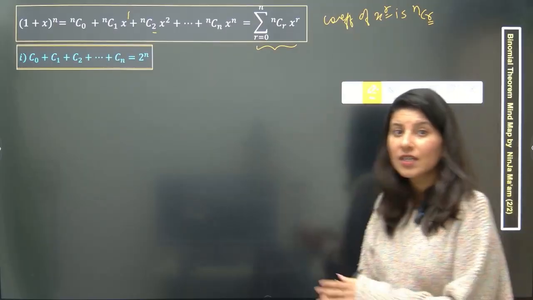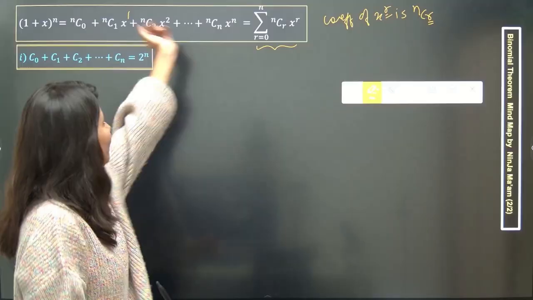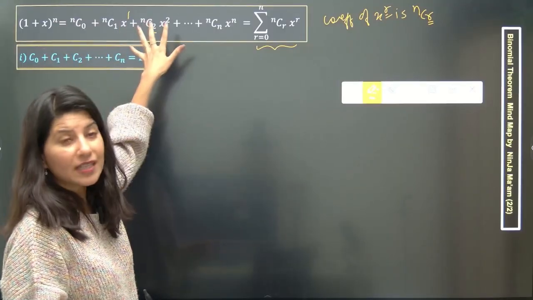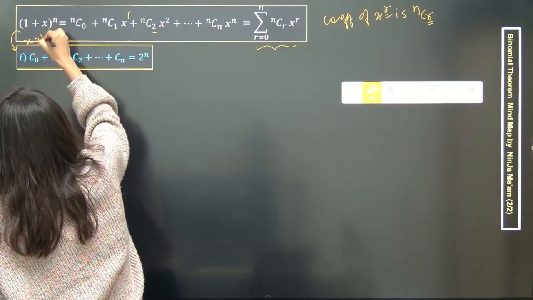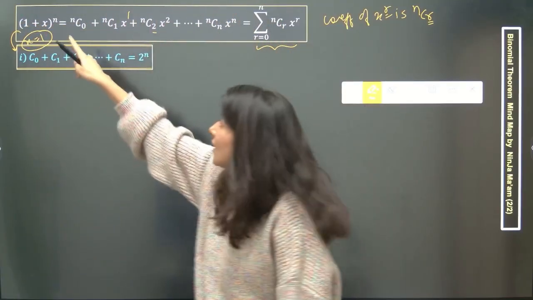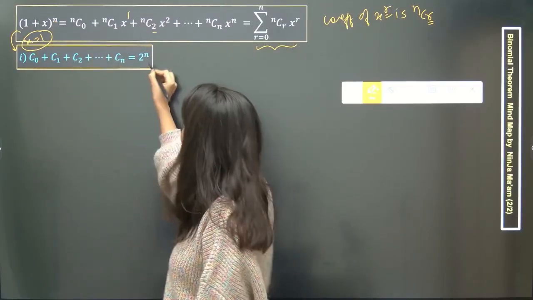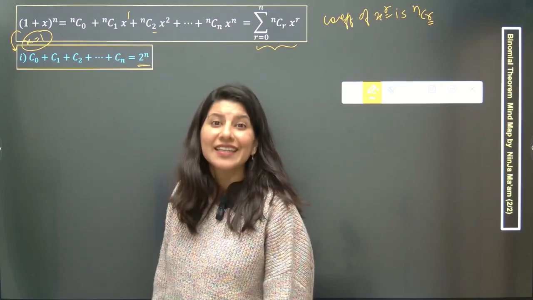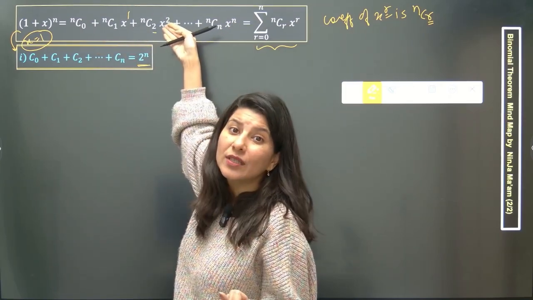And now here comes the very important formula, the most important formula, which you are going to get if you put x equals to 1 on both sides in this expansion. On the left hand side, 1 plus 1, 2 power n. On the right hand side, put x equal to 1.